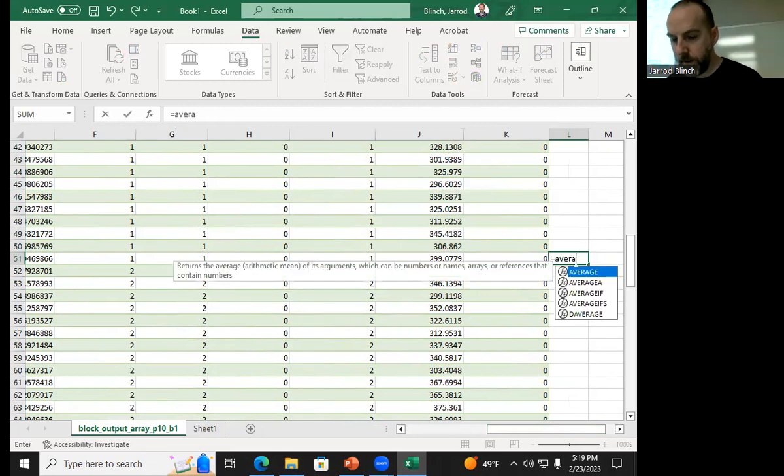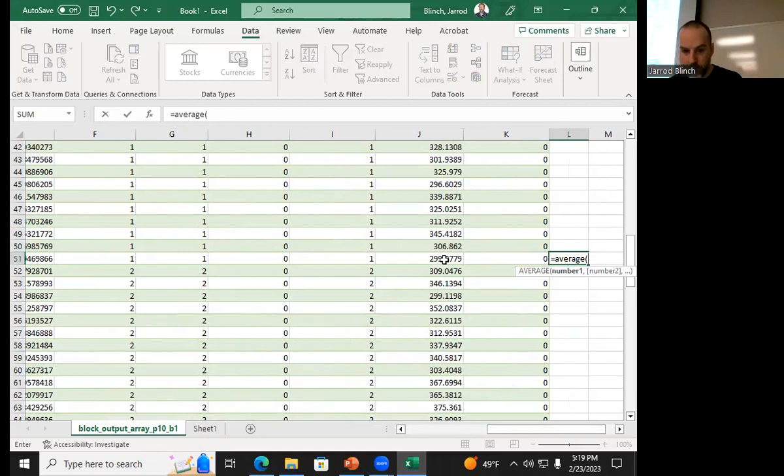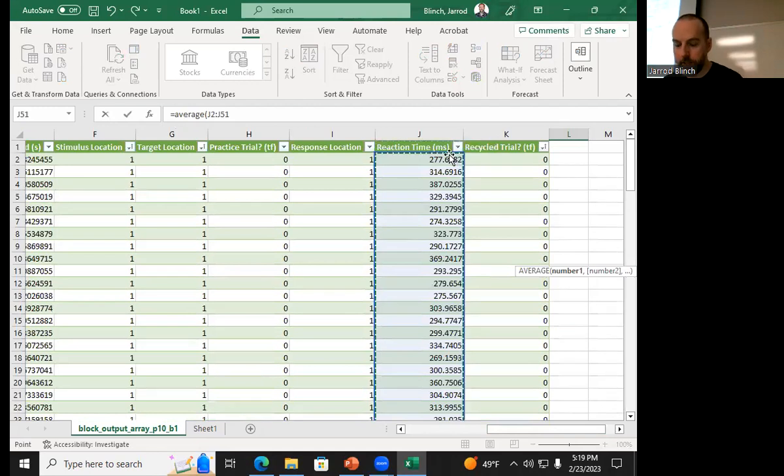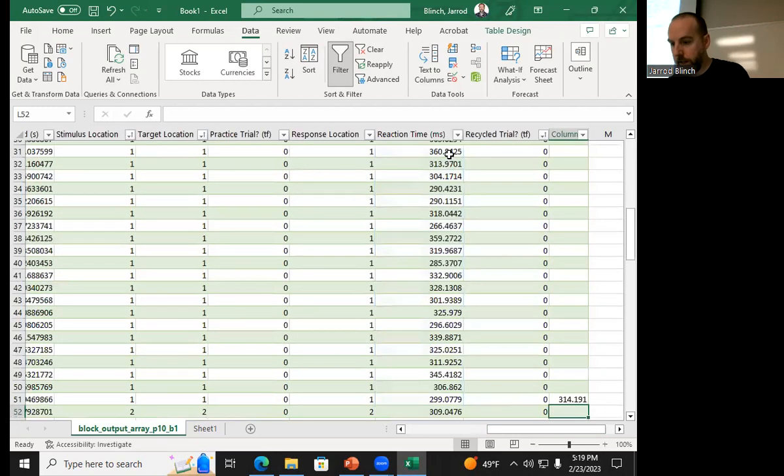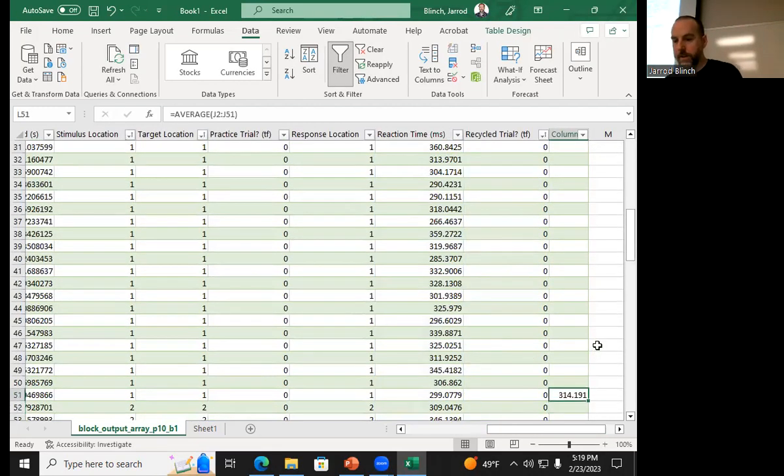In Excel, the mean is calculated with the function average, a little confusing. We highlight those trials as the selection, and it gives your mean reaction time. Just to keep it simple, I'll write 314.